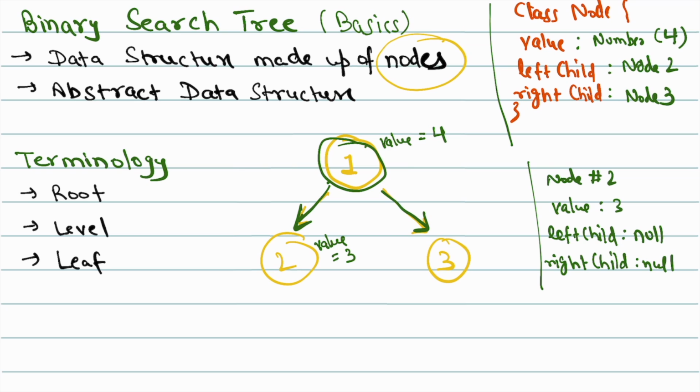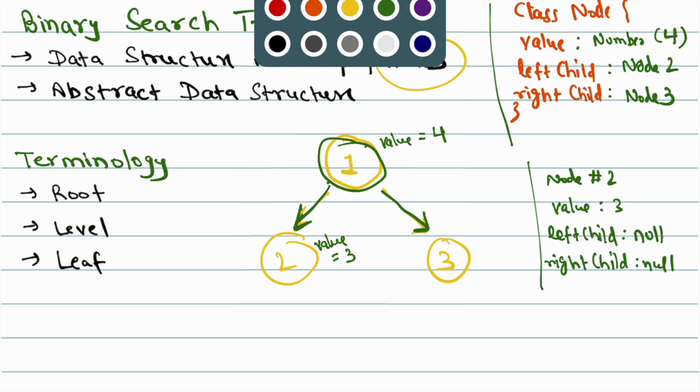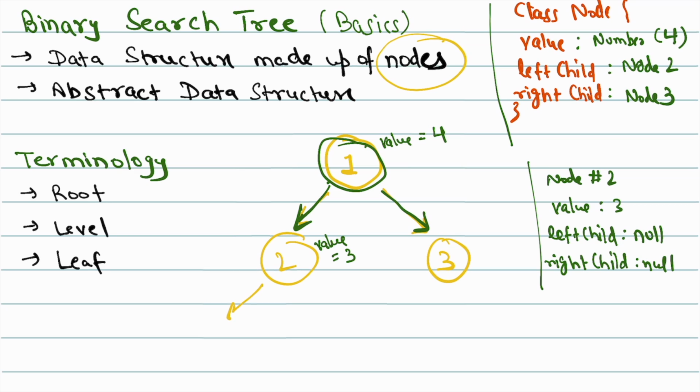Now if we look at this tree, I'm going to write some more nodes here. Let's say there's a node 4 here, a node 5 here, node 6 and node 7. Now we need to understand some terminology about this binary search tree before we can dig further.